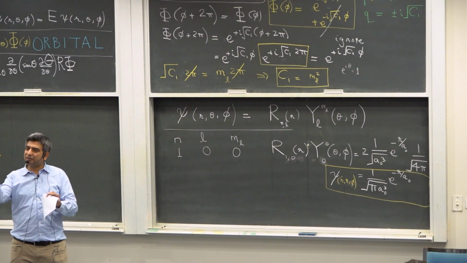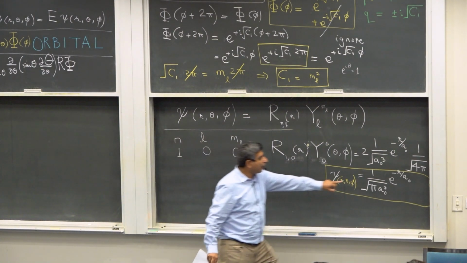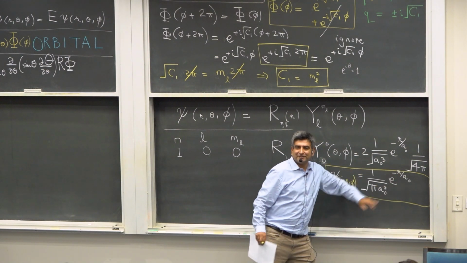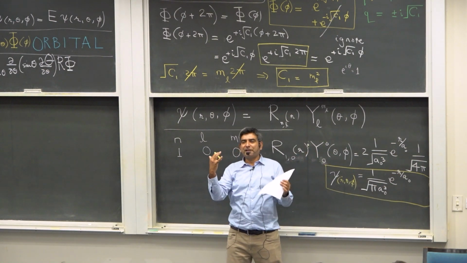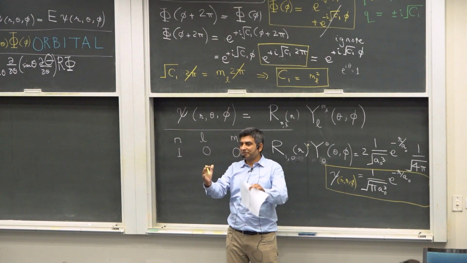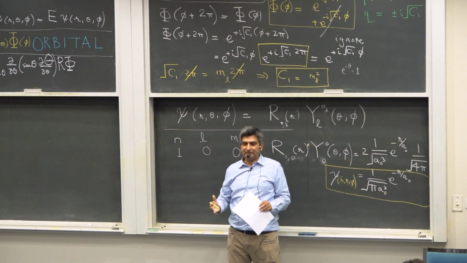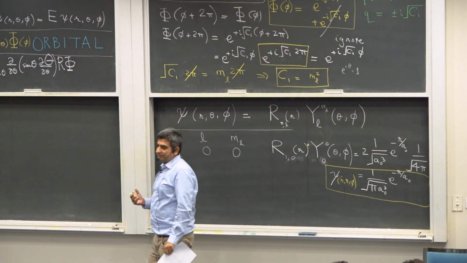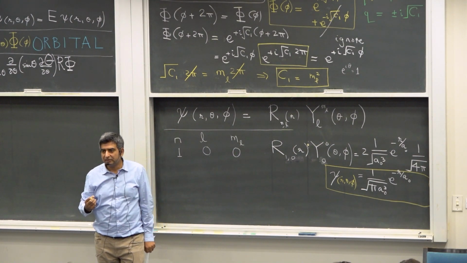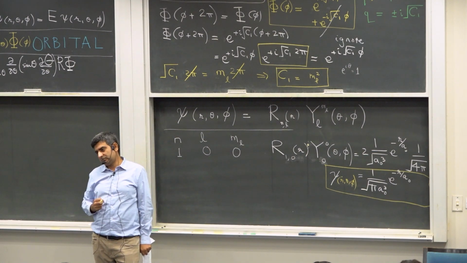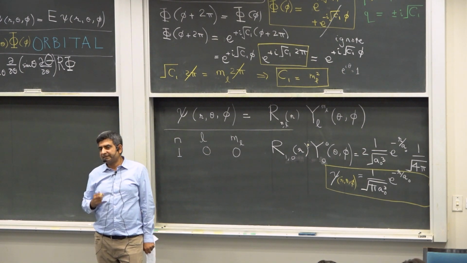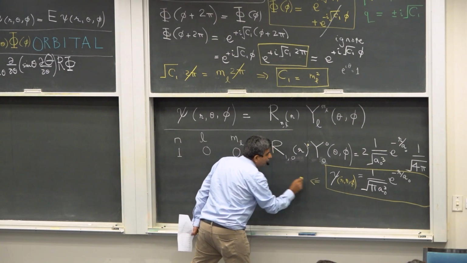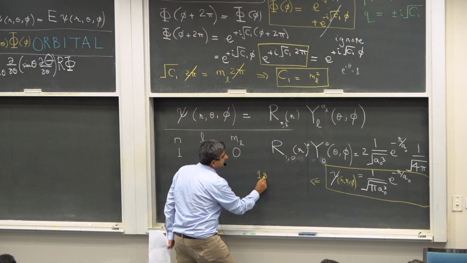They only depend upon the radius. How far is the electron from the nucleus? So no matter where you are on a sphere, the wave function remains the same. It doesn't depend upon theta or phi. Chemists call such an orbital an s orbital. Since n equals 1, this is what chemists would call a 1s orbital.